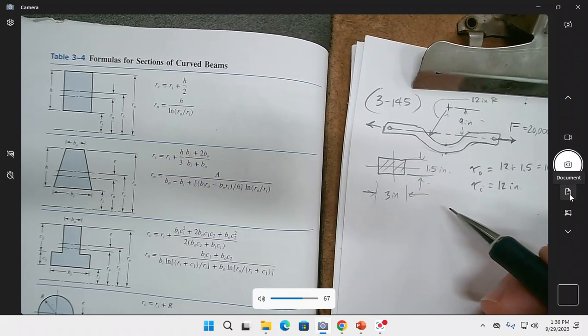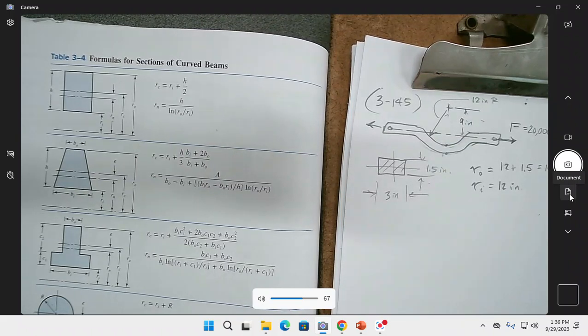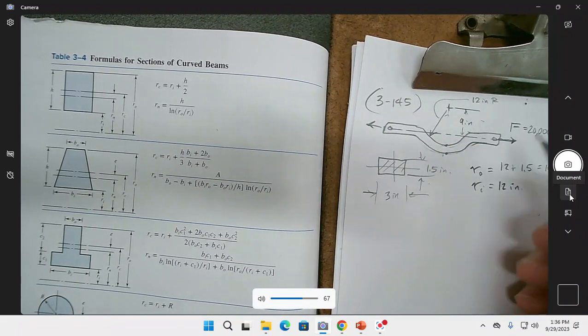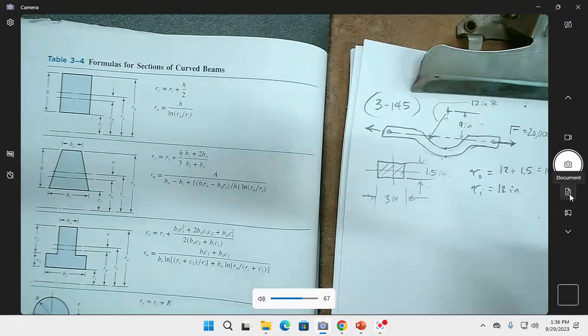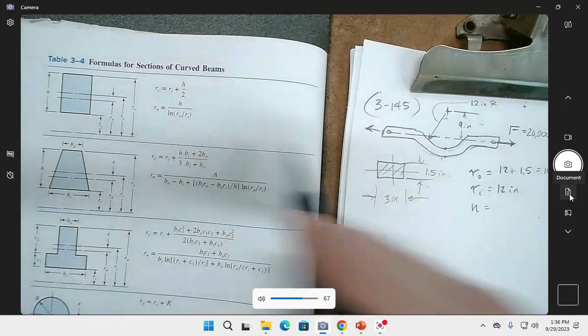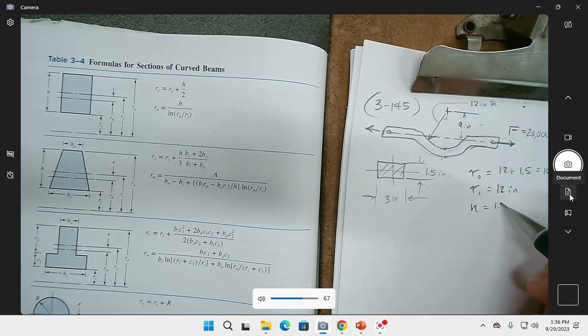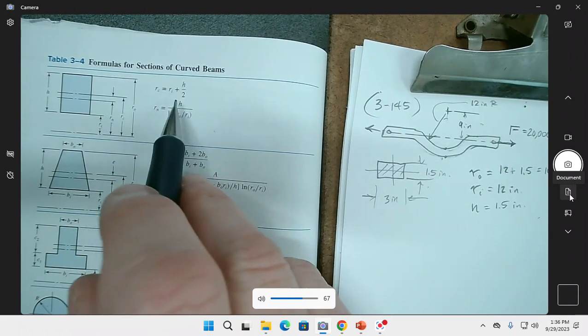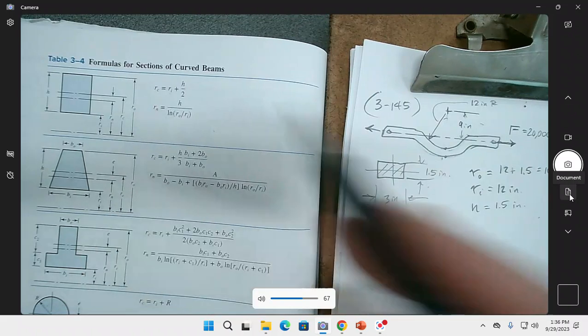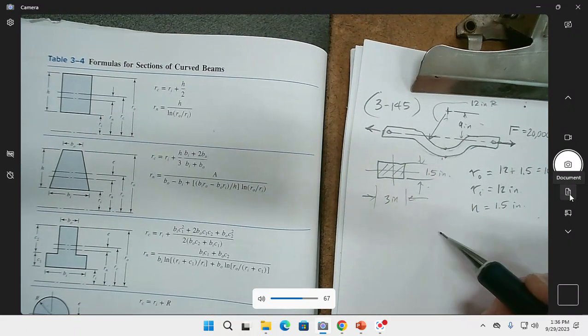We're going to get back on track. Okay, so other things we need, we got RI, we need H. H is just going to be 1.5. Looks like we have everything we need. Let's go ahead and write it down then.